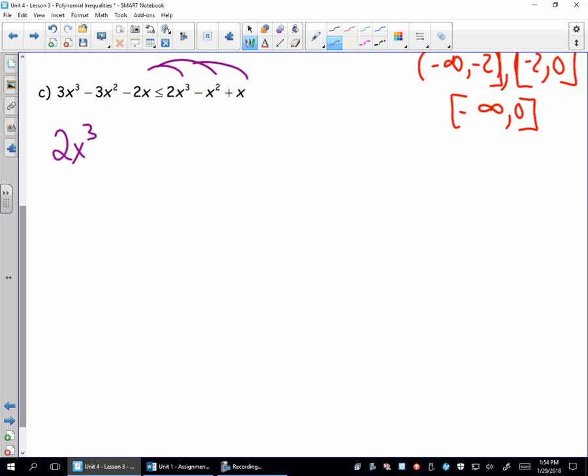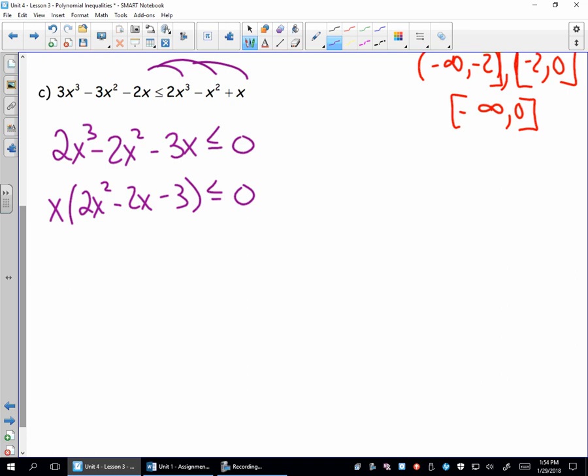So we'll have 2x cubed minus 2x squared minus 3x is less than or equal to 0. So move it over, collect your like terms. And what do I notice about all these things? They're all divisible by x. It's a common factor. Let's take that out to make our life a little bit easier.